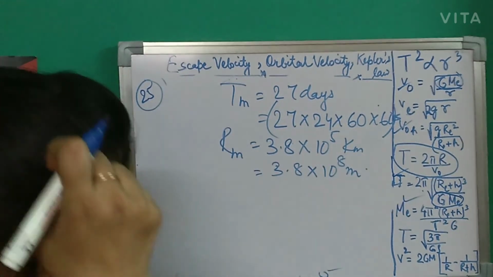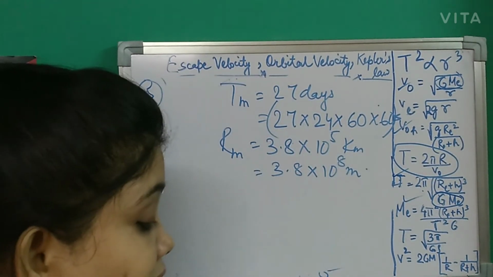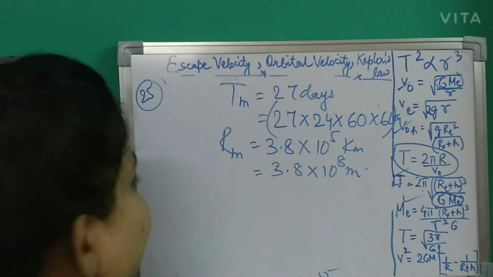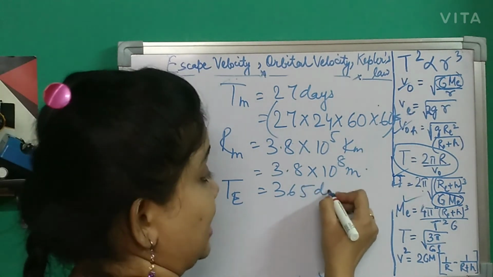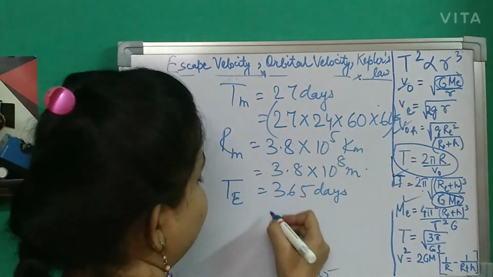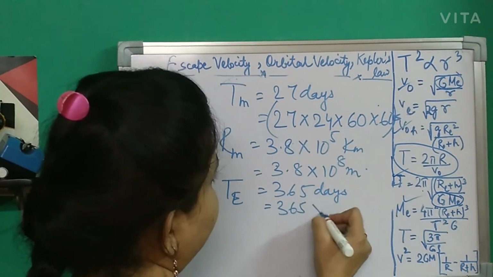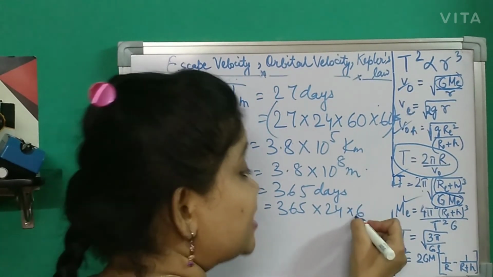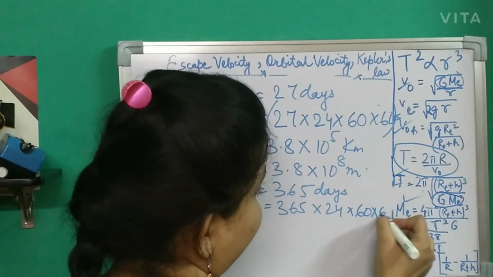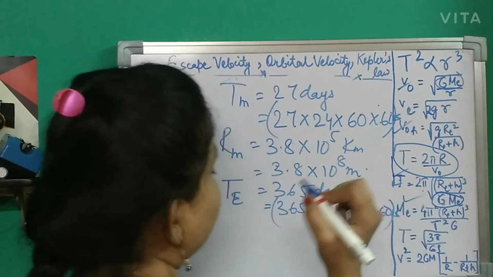That the earth completes one revolution around the sun in 365 days. That means the time period of the earth is given as 365 days. As I told you earlier, convert it into seconds. So 365 into 24, because one day is 24 hours, 1 hour is 60 minutes and 1 minute is 60 seconds. So we are converting it to seconds.